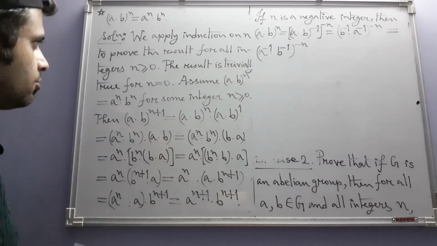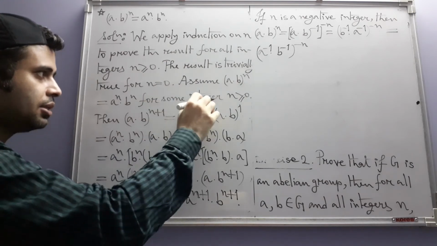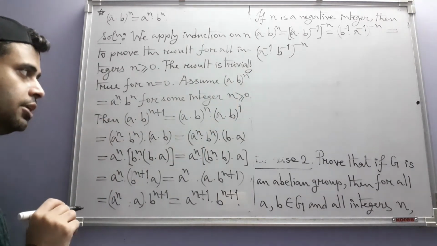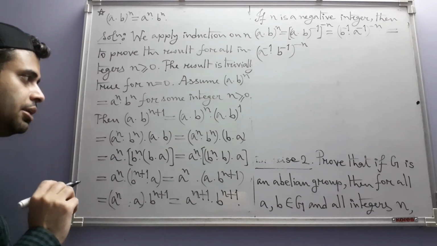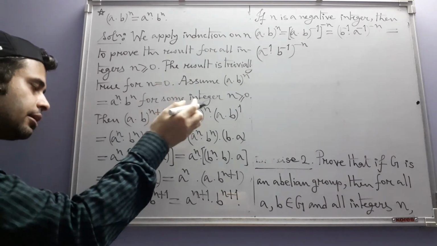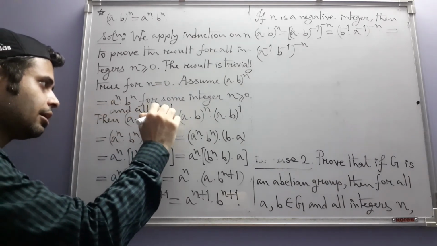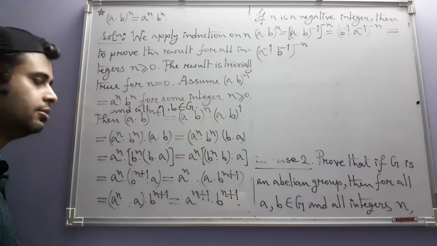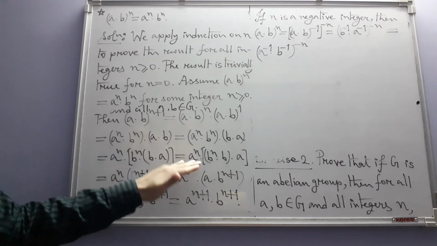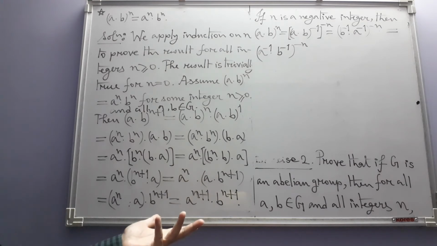Okay, so actually when we write assume this for some integer n greater than or equal to 0, we should technically speaking write this for some integer n greater than or equal to 0 and all a and b belonging to G. So the induction, although it's happening on n, but a and b can be any group element.